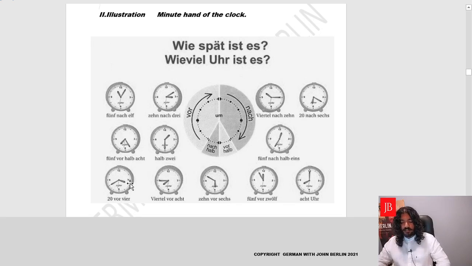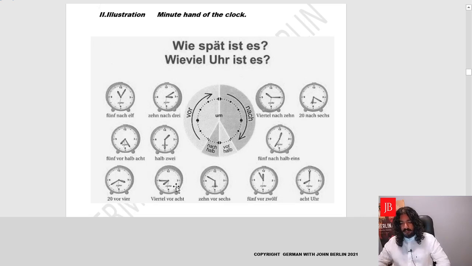You will not say es ist 40 Minuten nach 3. You will not say it's 40 minutes after 3. You will say, just like in English, 20 minutes to 4, which is 20 Minuten vor 4.